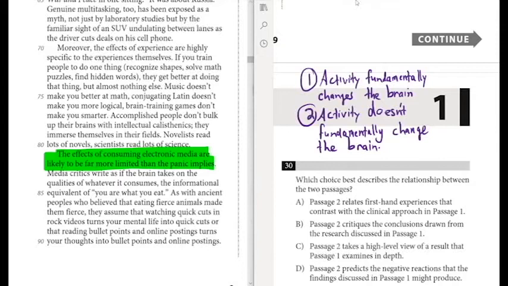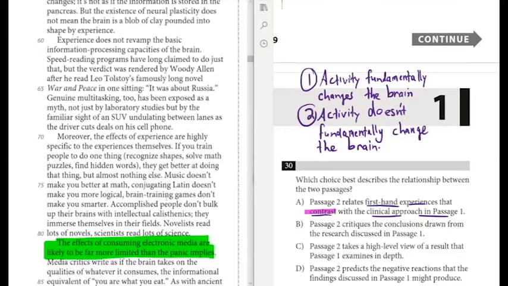Well, A says passage 2 relates first-hand experience that contrasts with the clinical approach in passage 1. So we like the fact that they're contrasting, but the idea of first-hand experience doesn't necessarily work because the examples that we saw were Woody Allen reading War and Peace or an SUV undulating between lanes. So definitely not first-hand experience.